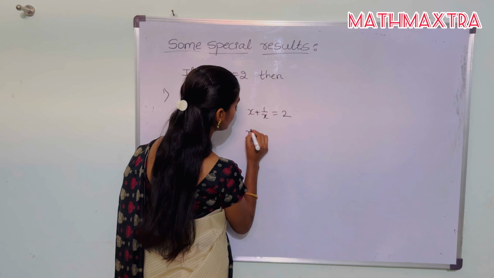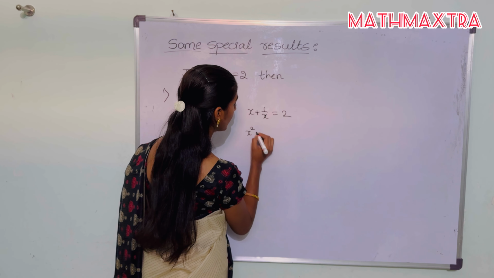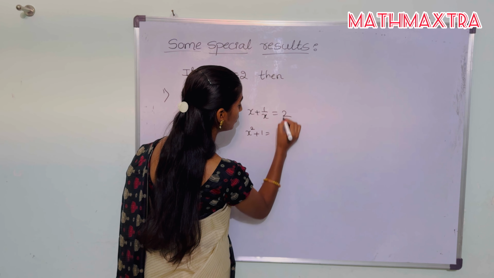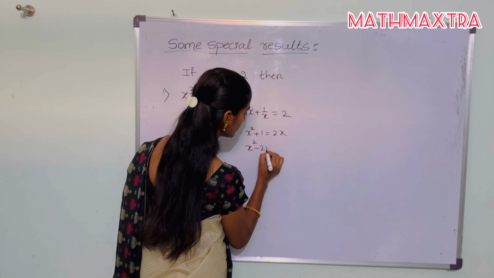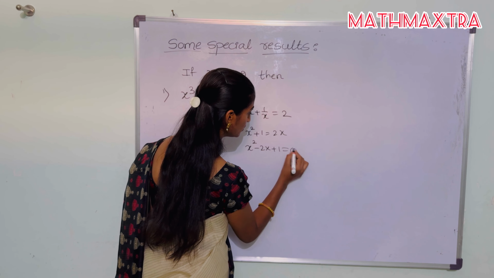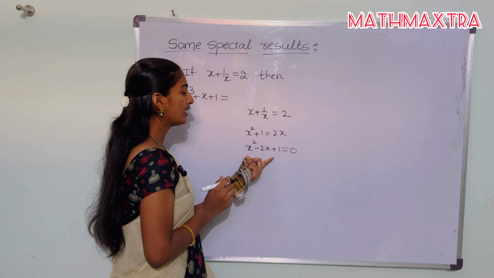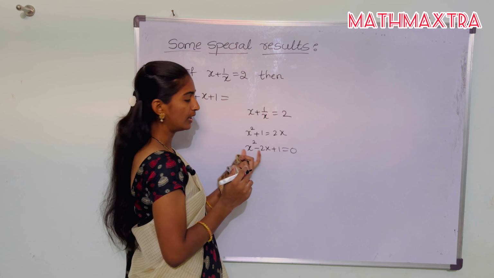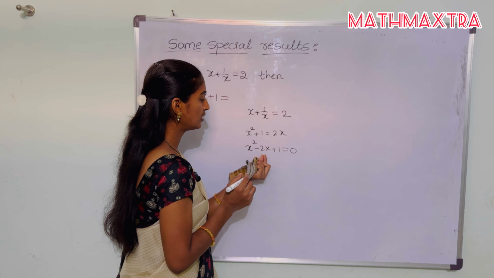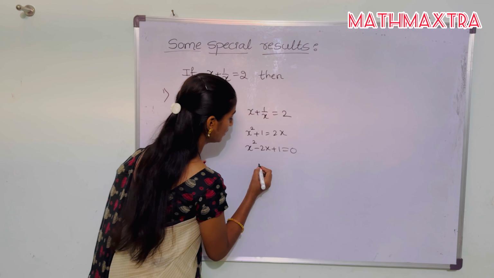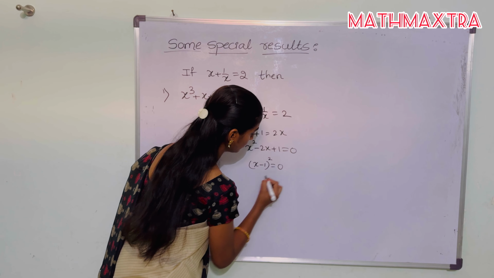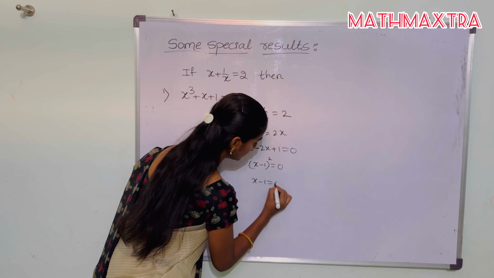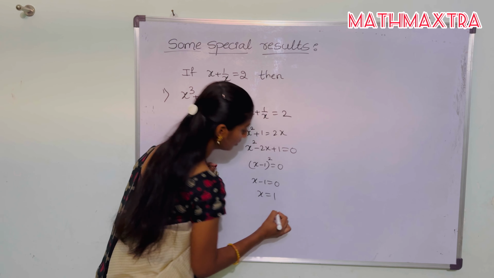You simply simplify this, x into x square plus 1 is equal to 2x, right? Which is nothing but x square minus 2x plus 1 is equal to 0. So it looks like a minus b whole square, a square minus 2ab plus b square. Which is nothing but x minus 1 whole square is equal to 0. So x minus 1 is equal to 0, x is equal to 1.